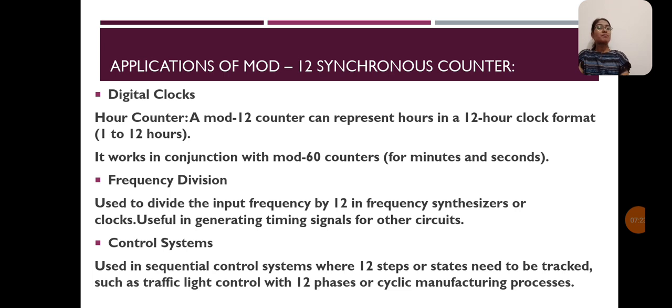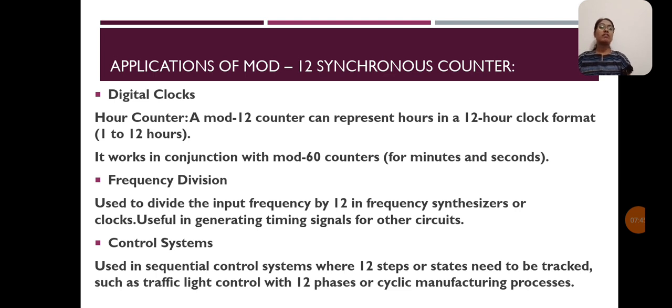And next are the applications of the Mod 12 synchronous counter. First is digital clocks. A Mod 12 counter can represent hours in a 12-hour clock format, that is 1 to 12 hours. It works in conjunction with Mod 60 counters for minutes and seconds.